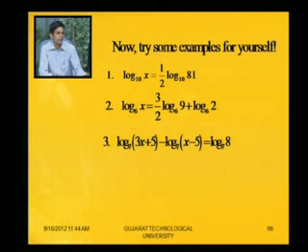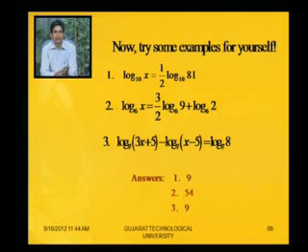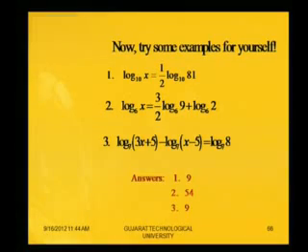Third example is log base 7 of 3x plus 5 minus log base 7 of x minus 5 equal to log base 7 of 8. You can note down all three questions. Answers are given. The answer of the first example is 9, the answer of the second example is 54, and the answer of the third example is 9.